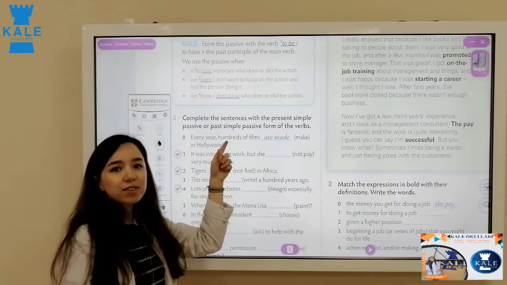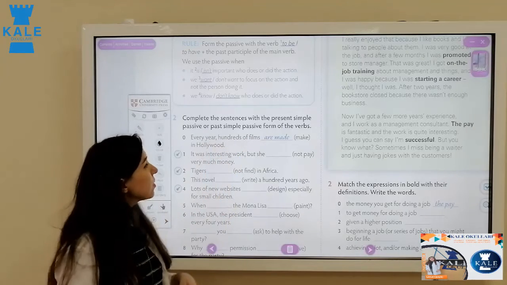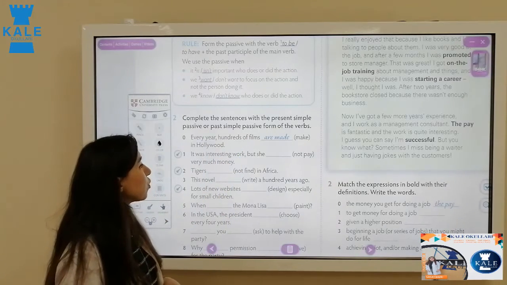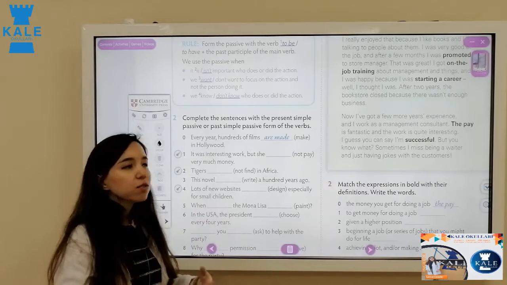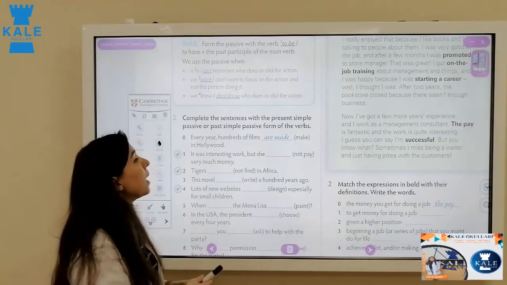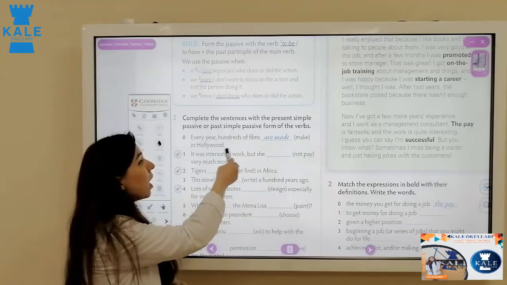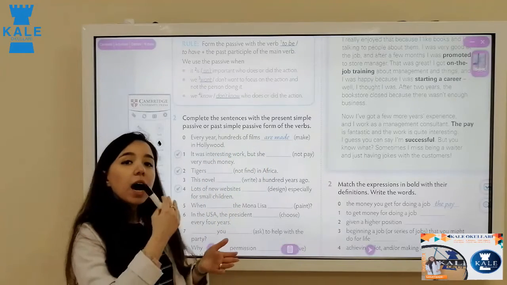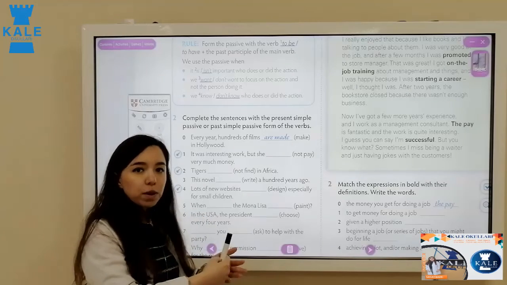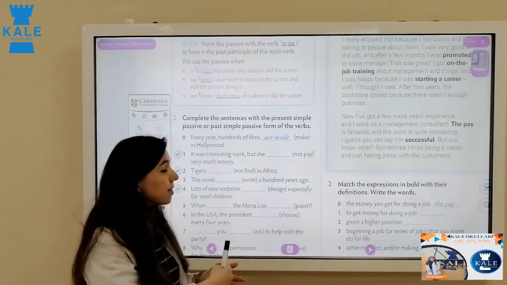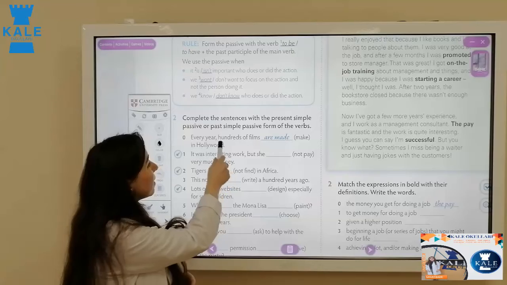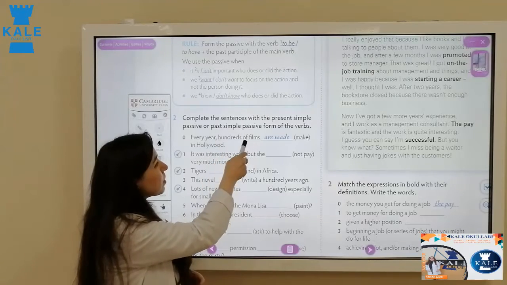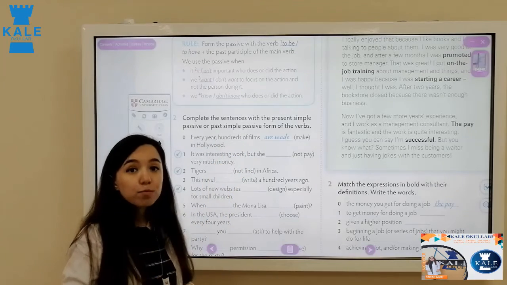What is the active sentence of this one? Active sentence should be like this. For example, lots of directors or lots of people made hundreds of films every year. Look at here. Directors or people is our subject. Made is our verb, and here hundreds of films is our object.